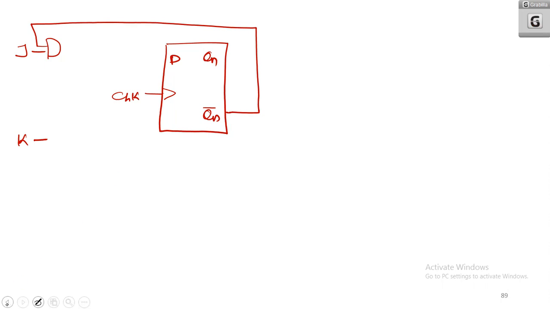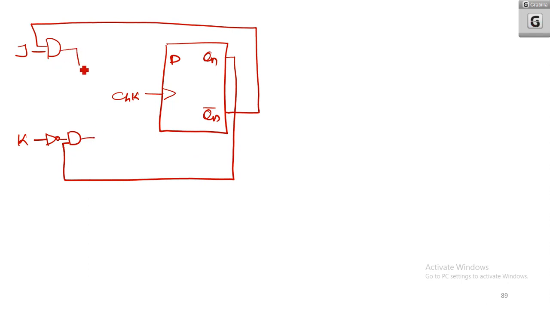J Qn bar or K bar Qn, K bar Qn. Now you can feed these to an OR gate to go to D. Okay. So this is how you are converting D flip-flop into JK flip-flop. So this is the D flip-flop and you are inputting J and K.